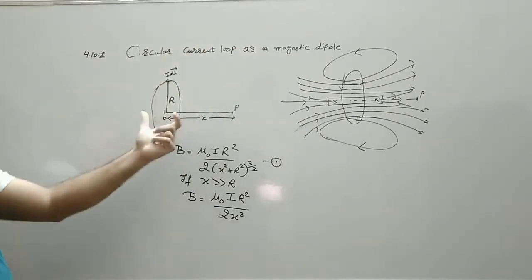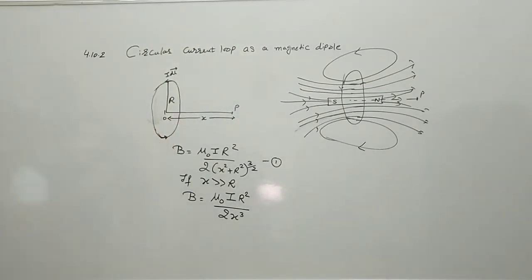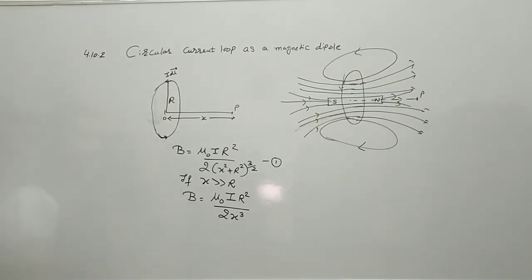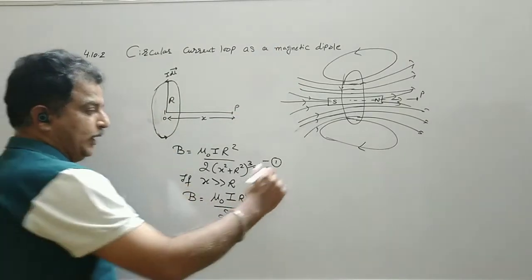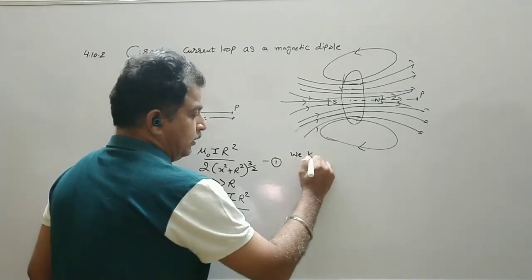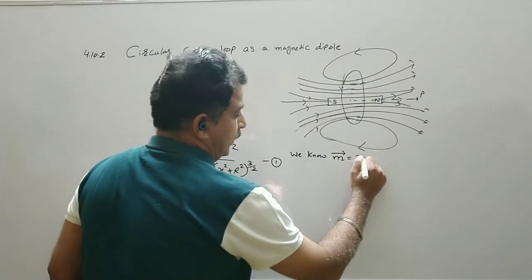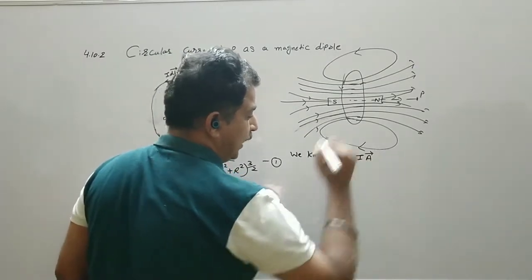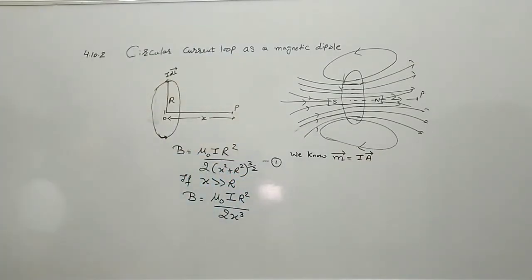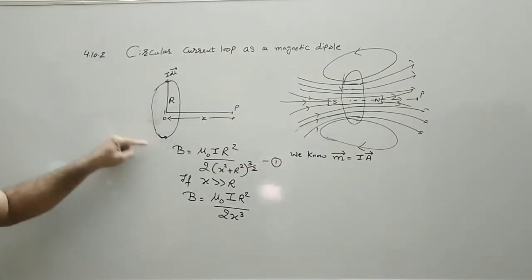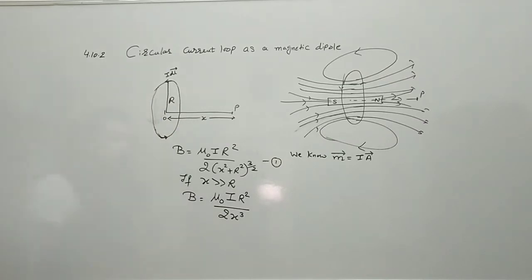If it behaves like a magnetic dipole, what is the formula for the magnetic field intensity in terms of the magnetic dipole? Now, we know that the magnetic moment is given by M and its formula is I into A, where A is the area of our planar loop. Here the loop is circular, so the area of this loop is pi r square.